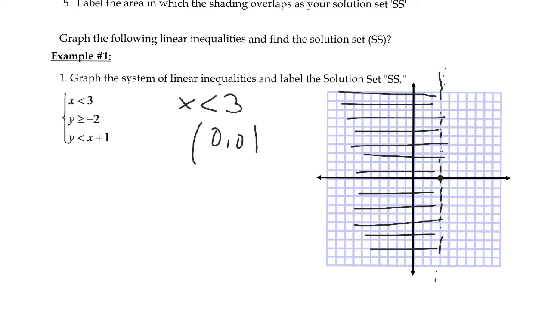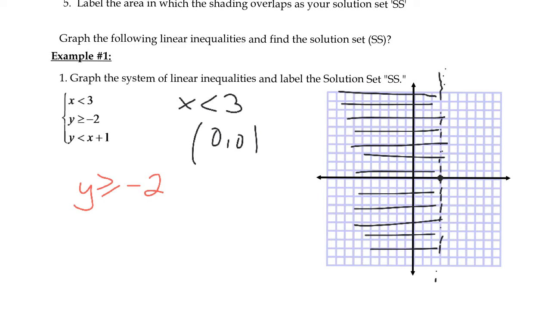Now let me change colors, maybe to red. Now let's talk about the second inequality, y is greater than or equal to -2. How do you graph y is greater than or equal to -2?